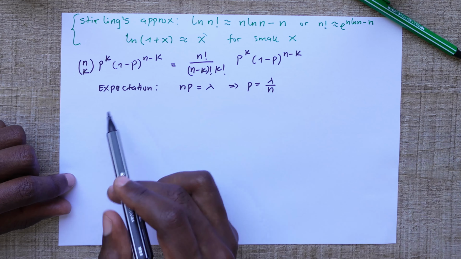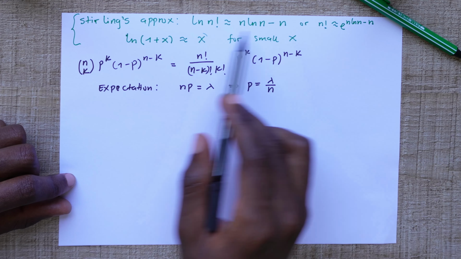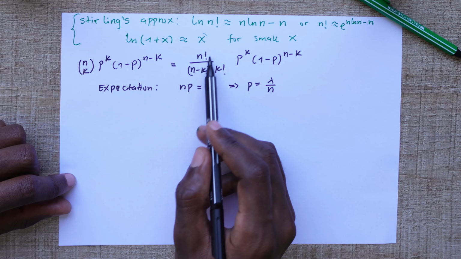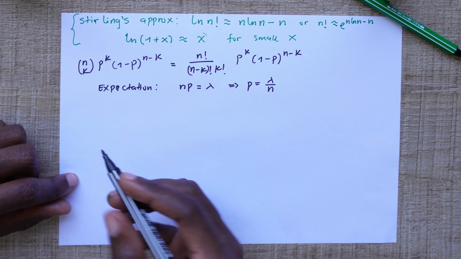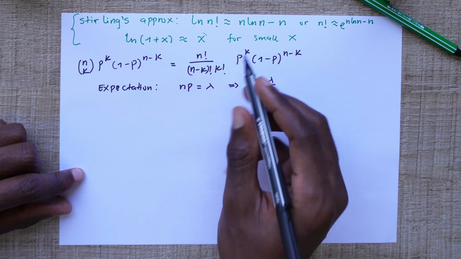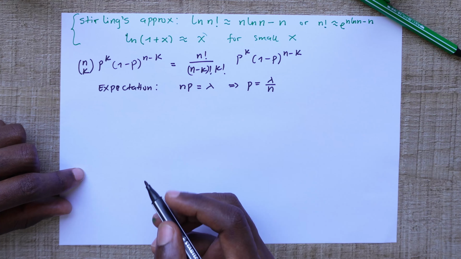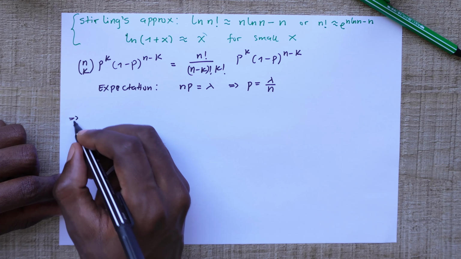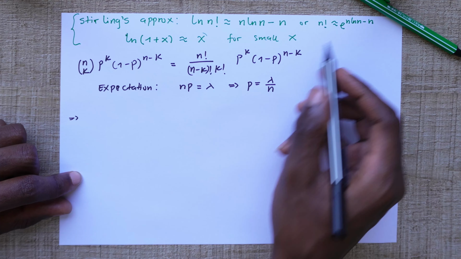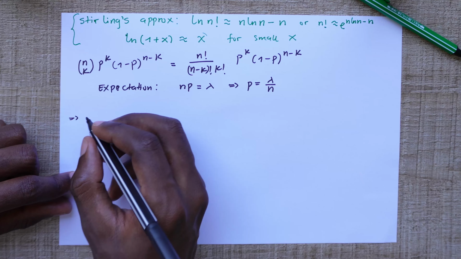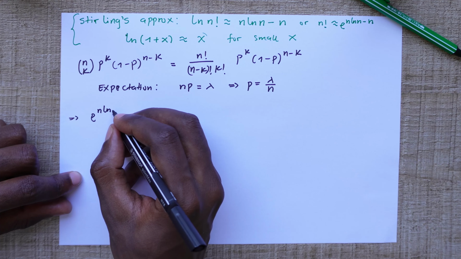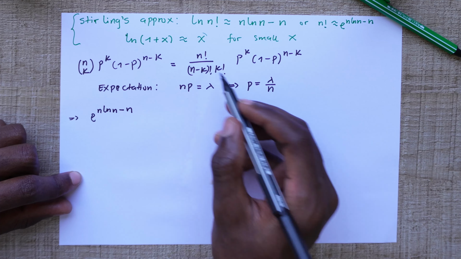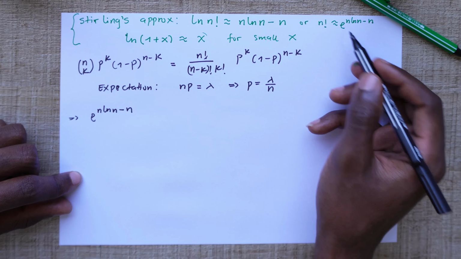Then we are going to make use of Stirling's approximation to write the expression of n factorial and n minus k factorial. So this whole expression becomes, I'll write it down here, n factorial. We're just going to write it as exponential n ln n minus n. So that's the expression of n factorial.